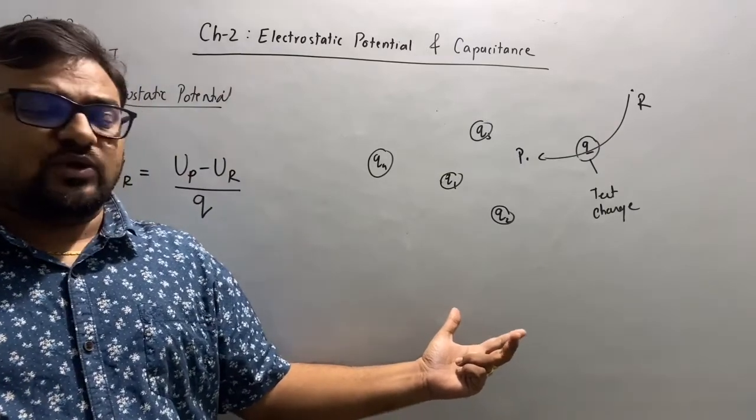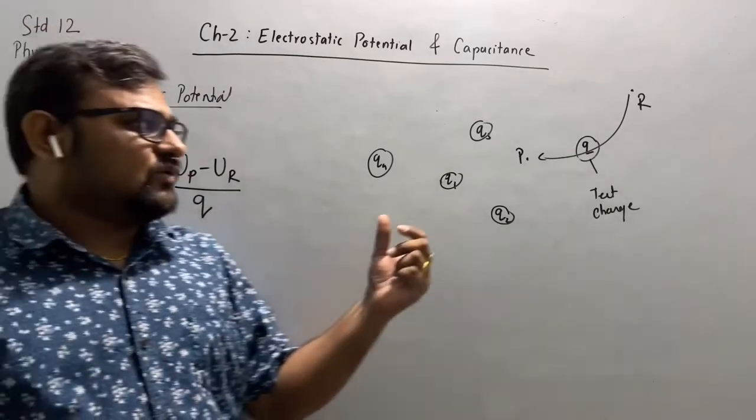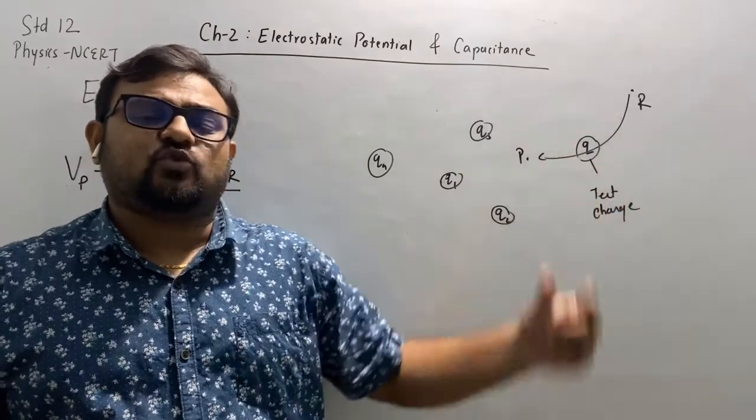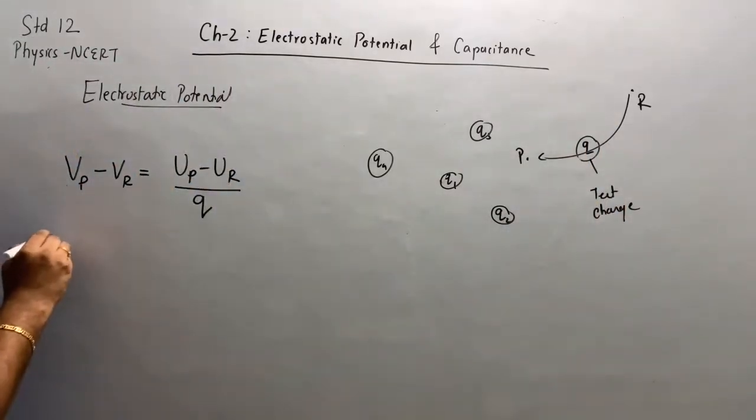When we divide by Q, we can take the value of Q as 1. So what is electrostatic potential?